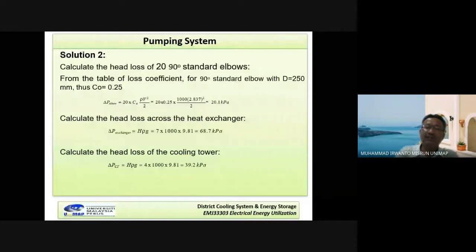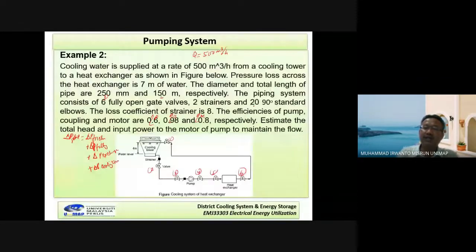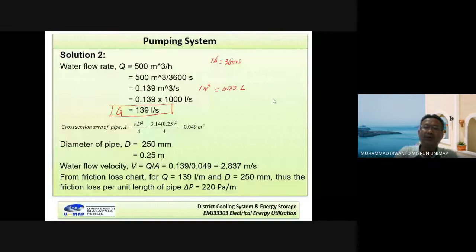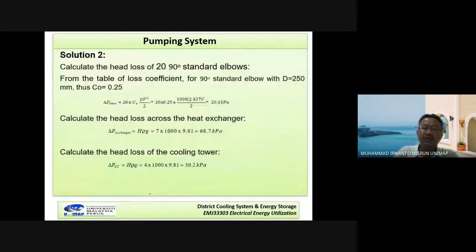Following this question, we have the number of elbows is 20. And then we want to find the K for the 90 degree standard elbow. Following this table, K for the elbow is 0.25. The rest is all the same.